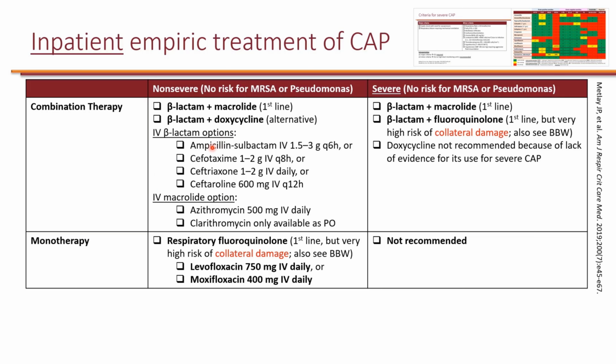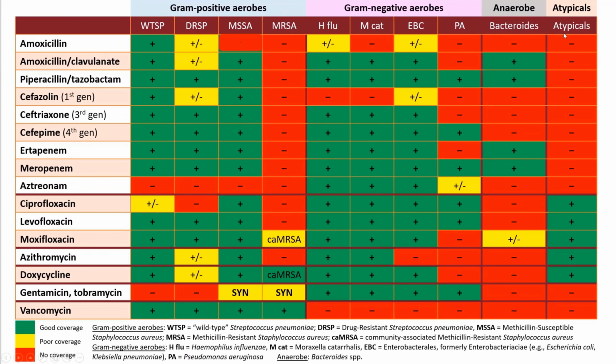So you will see that now we have IV beta-lactams as a possibility, and because of the mortality benefit in inpatient patients, we use a combination. So monotherapy with beta-lactam is no longer an option. If someone is hospitalized, we want to combine it with either a macrolide or doxycycline. The underlying reason is probably that beta-lactams don't have activity against atypical agents.